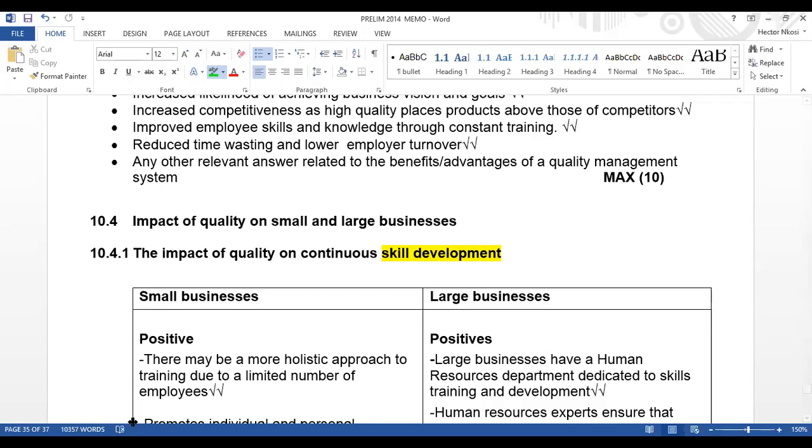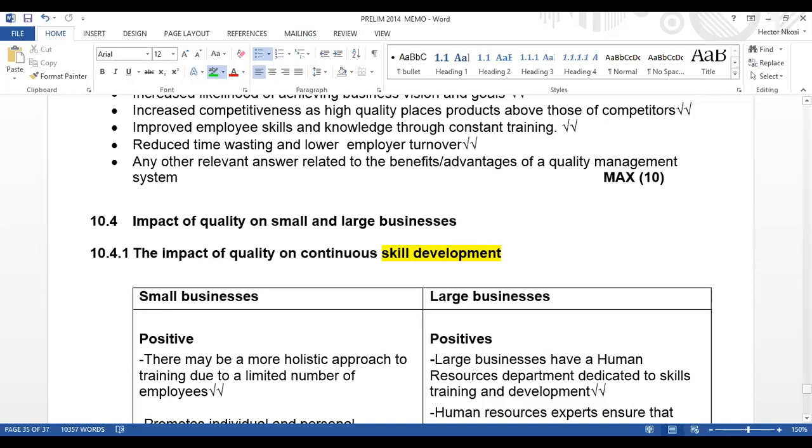When it comes to skills development in small businesses, the good thing is that there may be a more holistic approach to training due to a limited number of employees. Because the number of employees is small, it's easier for training to take place, as we'll be dealing with small numbers.